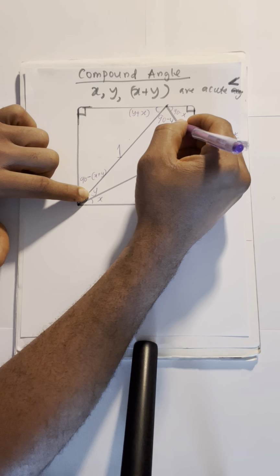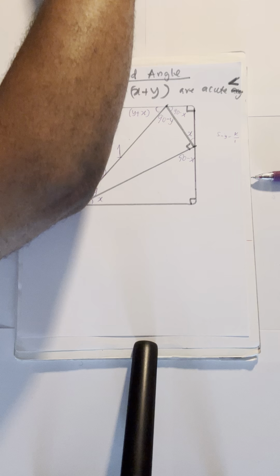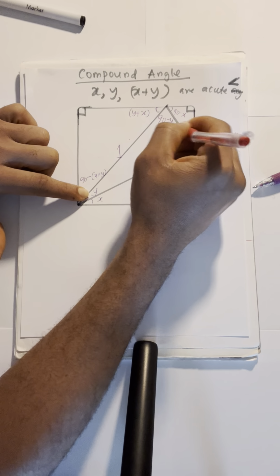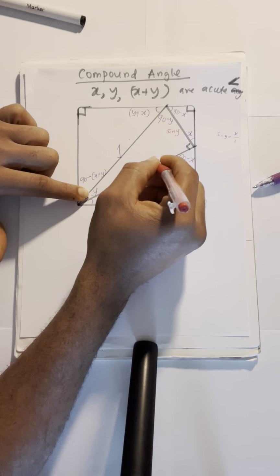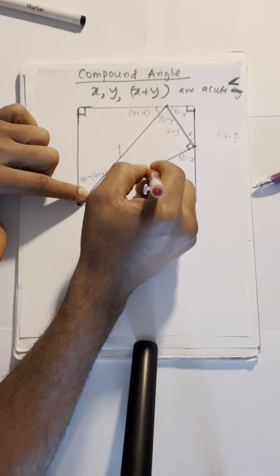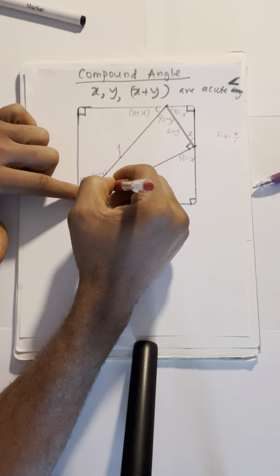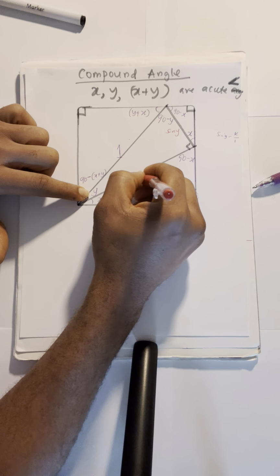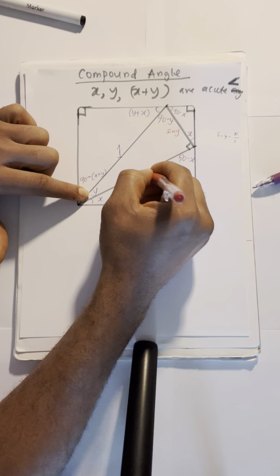The length of this side will be sine y. Now, adjacent over hypotenuse, so the length here will be cos y.